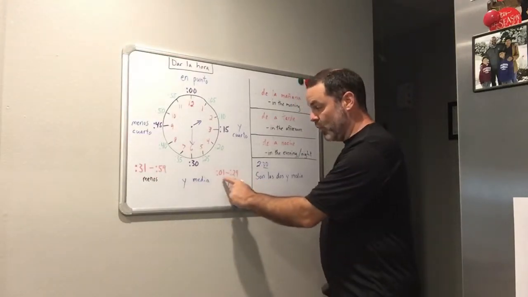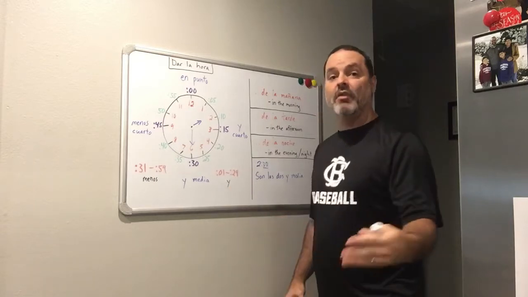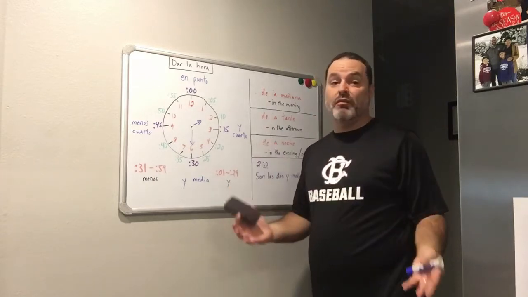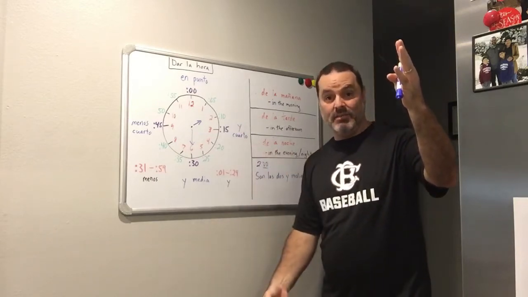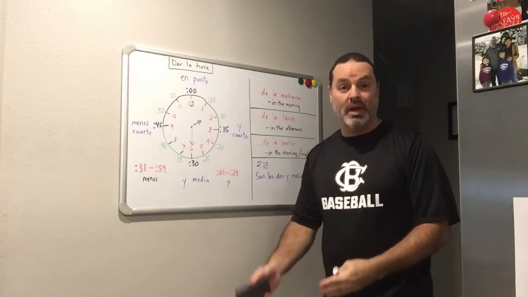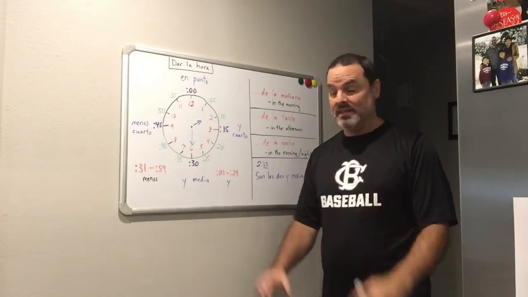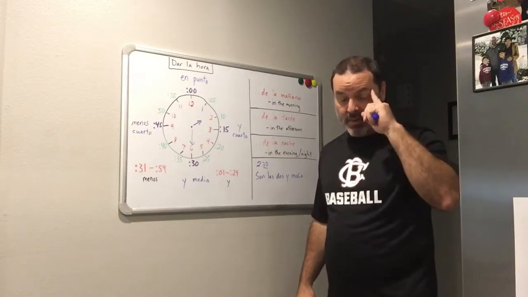So when we're at 01 to 29, we use the word y. We're adding however many minutes. If it's 4:19, you would say it's 4 and 19 minutes. "Son las 4 y 19."